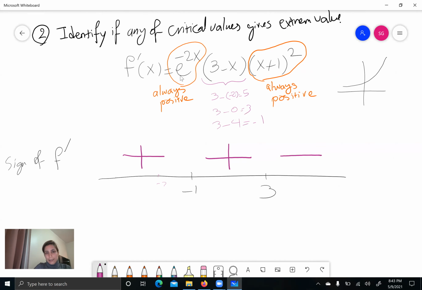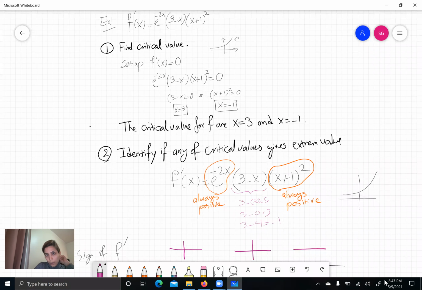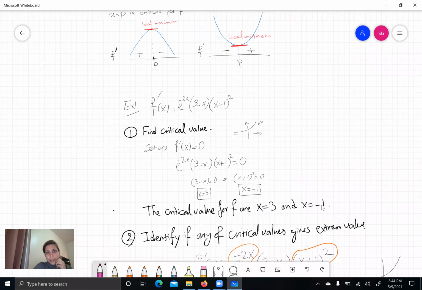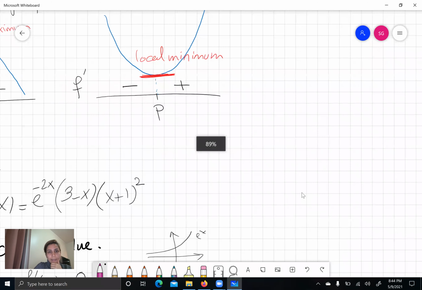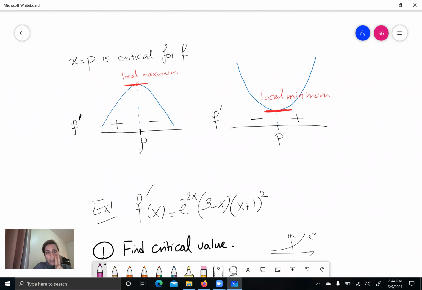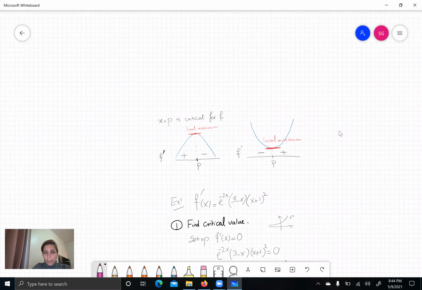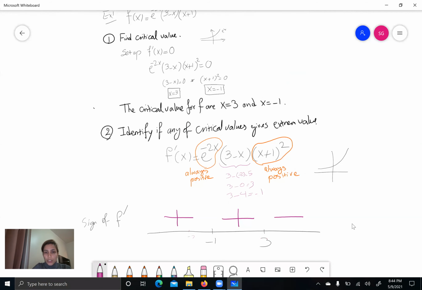So what does this tell us? Using the first derivative test, which you already saw up here, this is the first derivative sign. If we see a change in the sign of the derivative, that is going to give us an extreme value. And here, look, I don't see a change around -1.